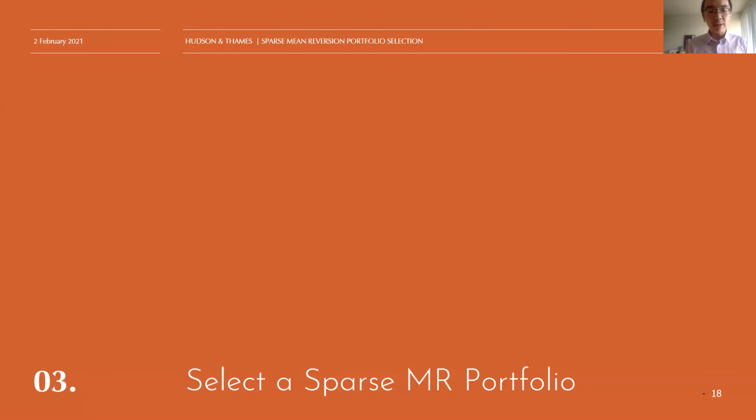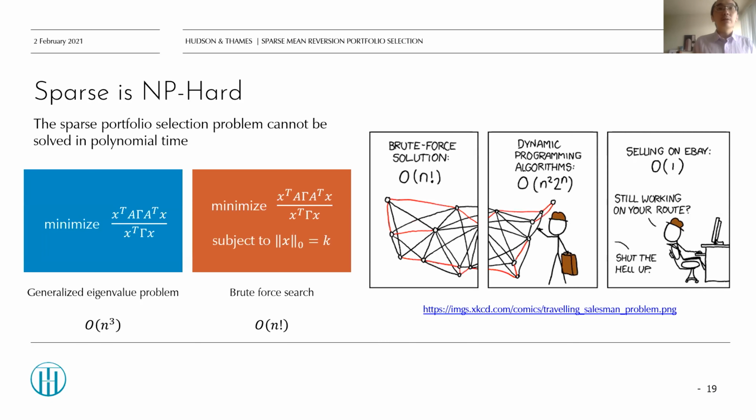So now we can jump to the main part of the problem. How can we select a sparse mean reversion portfolio? Without the constraint of a sparse portfolio, the problem is easy to solve. You only need to solve the generalized eigenvalue problem, which can be solved in cubic time.